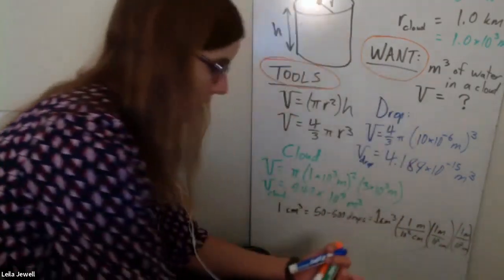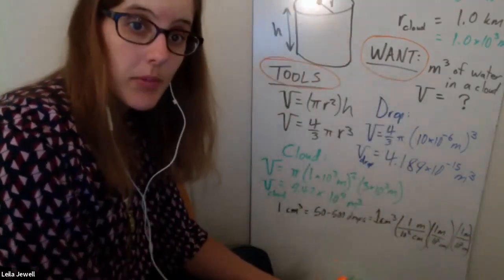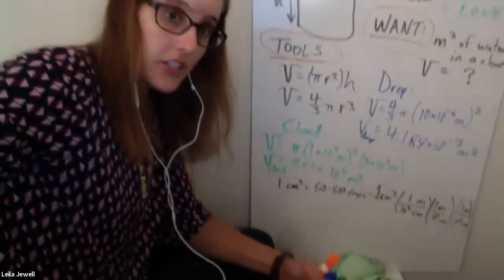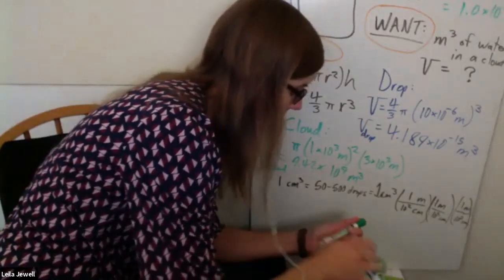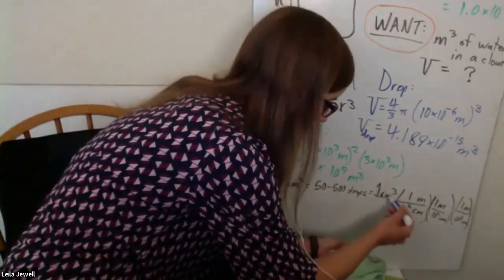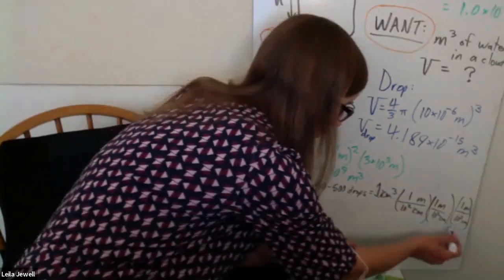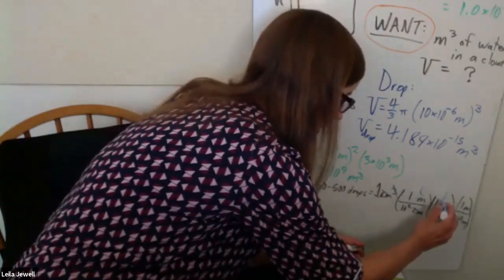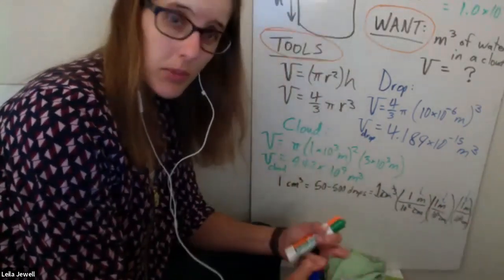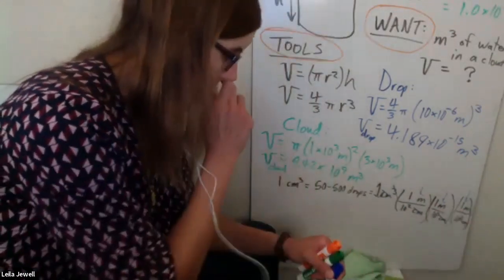Right, and now we can see that our centimeters do in fact cancel out. Sorry, this is getting so low down here, but we cancel one of them, two of them, and all three of them. And we're left with meters times meters times meters. So that will actually give us our cubic meters as a result.